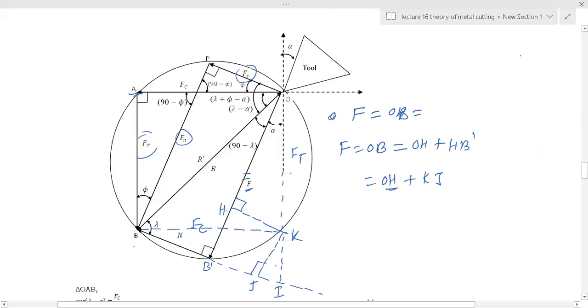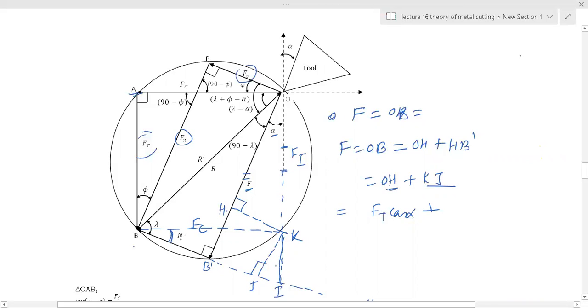So OH will be your Ft cos alpha, because this angle is alpha. So the component of this Ft along this F will be Ft cos alpha plus KJ. KJ is this one. So this is your Fc and this is your lambda. So what will be this angle? You have to find this angle.